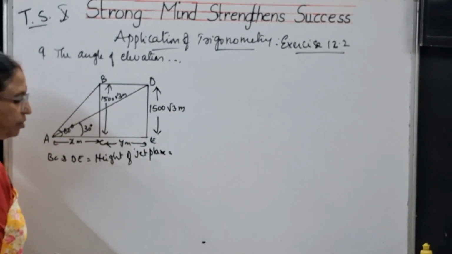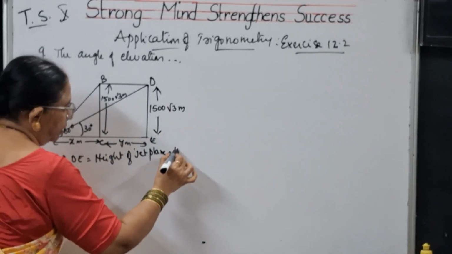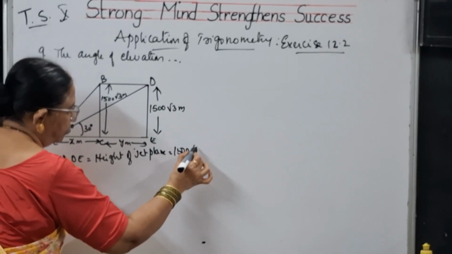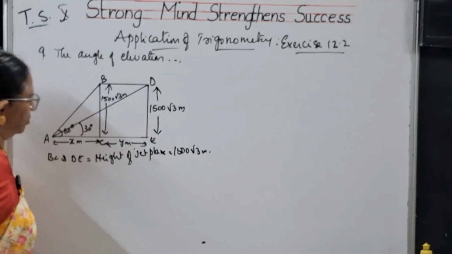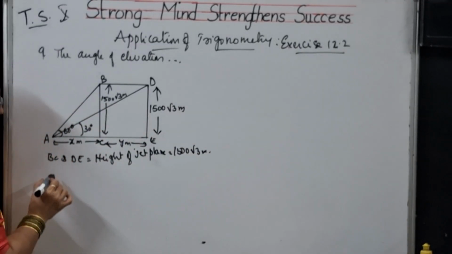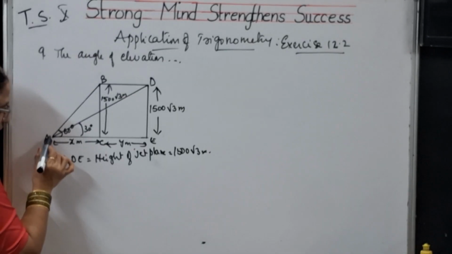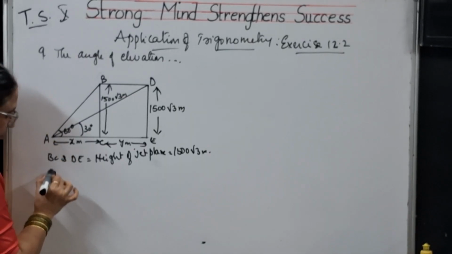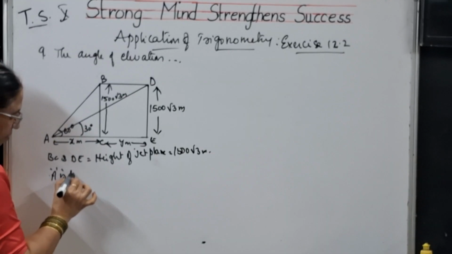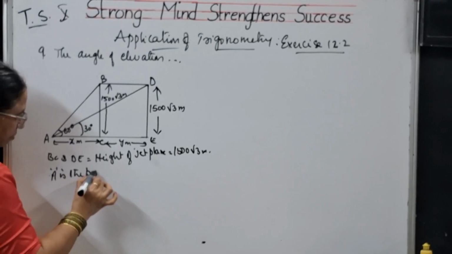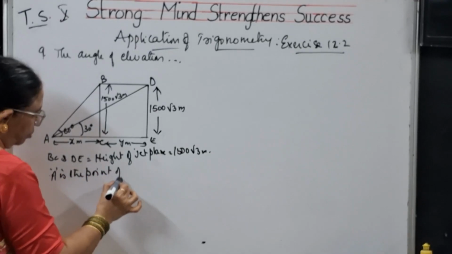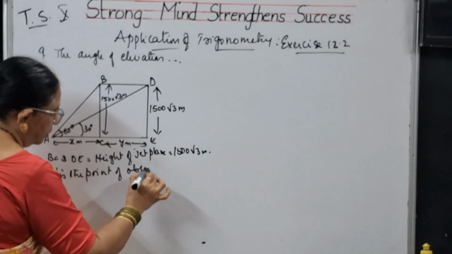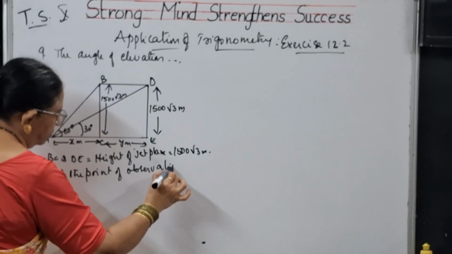How much is it? 1500 root 3 meters. And A is the point of observation.